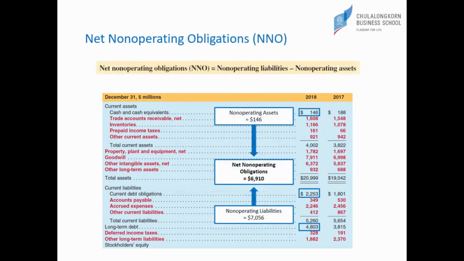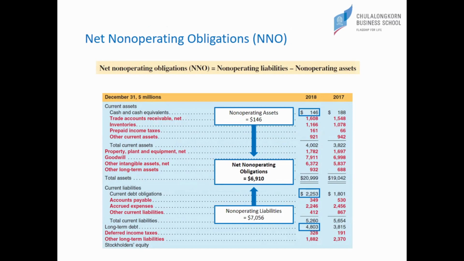And then you can also calculate the net non-operating obligation. Since it says obligation, you start off from the liabilities and subtract the assets. So non-operating liabilities minus non-operating assets. Non-operating liabilities are simply the ones that are not in red: the current and the long-term debt.